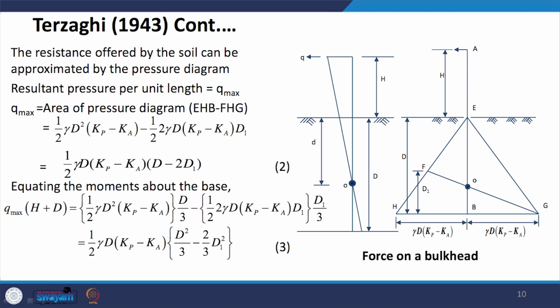So, as shown, the area of the pressure diagram gives half gamma d squared (Kp minus Ka), and the other part uses d1, the height of this triangle, from the base to the point F. This can be simplified, and in equation 2 you get Qmax equal to half gamma d (Kp minus Ka) into (d minus twice d1).